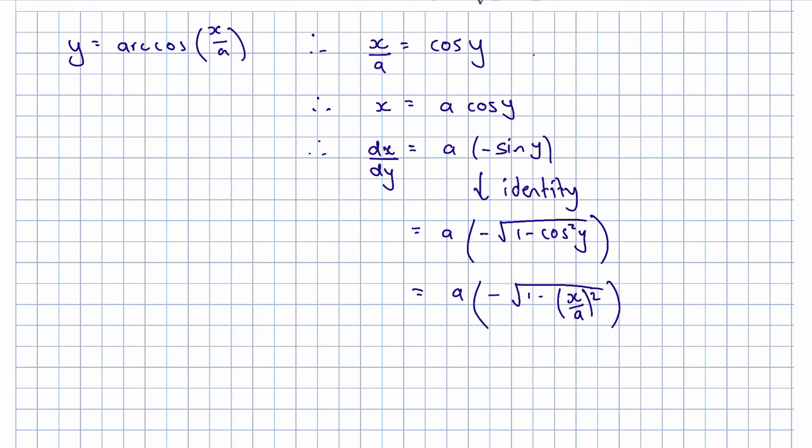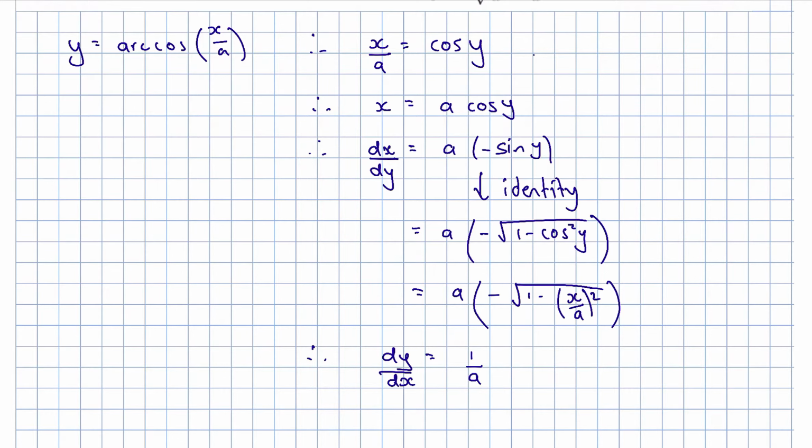Last step, remembering that this is dx dy, we want the reciprocal, we're going to flip that over to be dy dx. Because what we're really trying to find is the derivative of this function here, which says y equals arc cosine. So we want to find the derivative of y with respect to x. That's our aim. So that becomes the 1 on a.